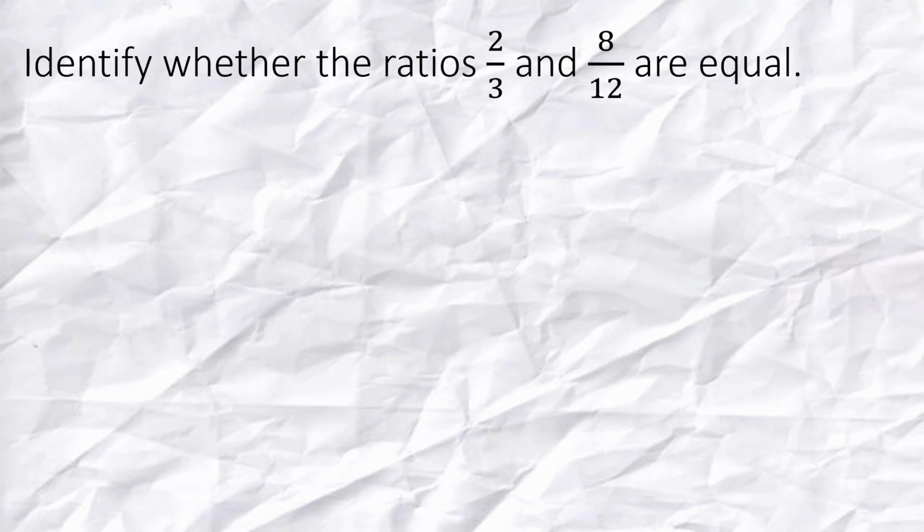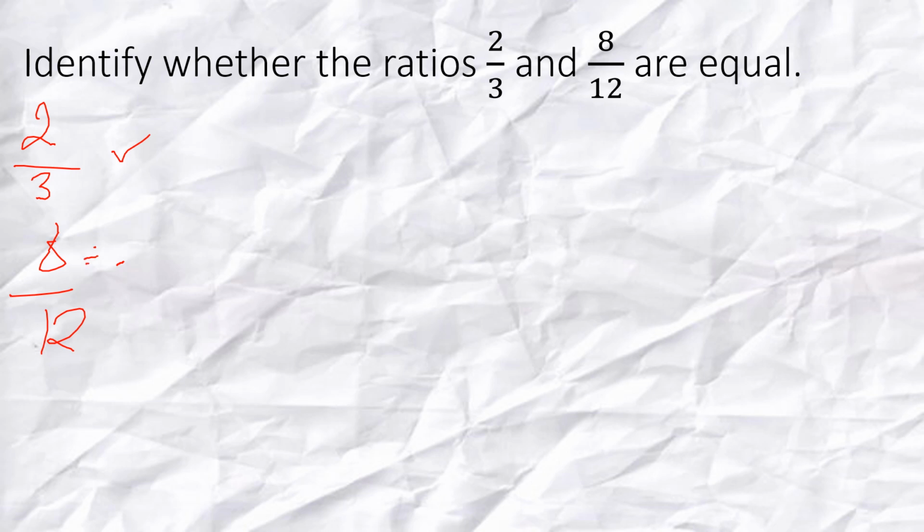Next, identify whether the ratios 2 over 3 and 8 over 12 are equal. Again, if you want to know if the given ratios are equivalent ratios, all you have to do is simplify each given ratio. 2 over 3 is already in the simplest form, so we don't have to simplify it. How about the next ratio? 8 over 12. The GCF of 8 and 12 here is 4.